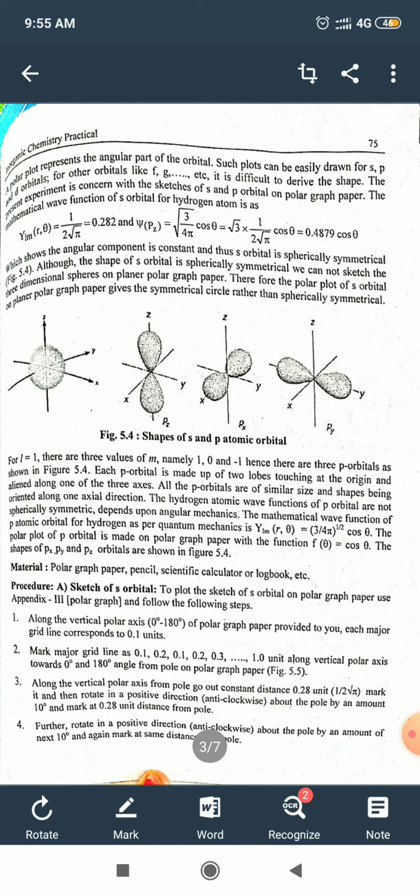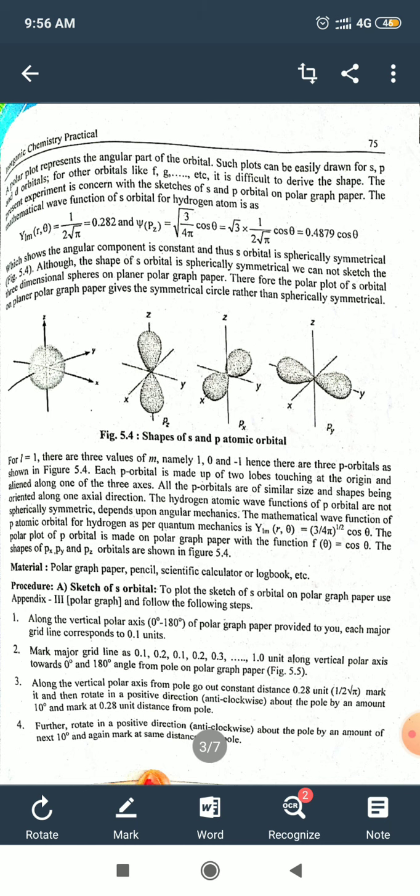of the orbital. Such plots are easily drawn for S, P and D orbitals. For orbitals like F, G, etc., it is difficult to derive the shape, and the present experiment is concerned with sketching S and P orbitals on polar graph paper.